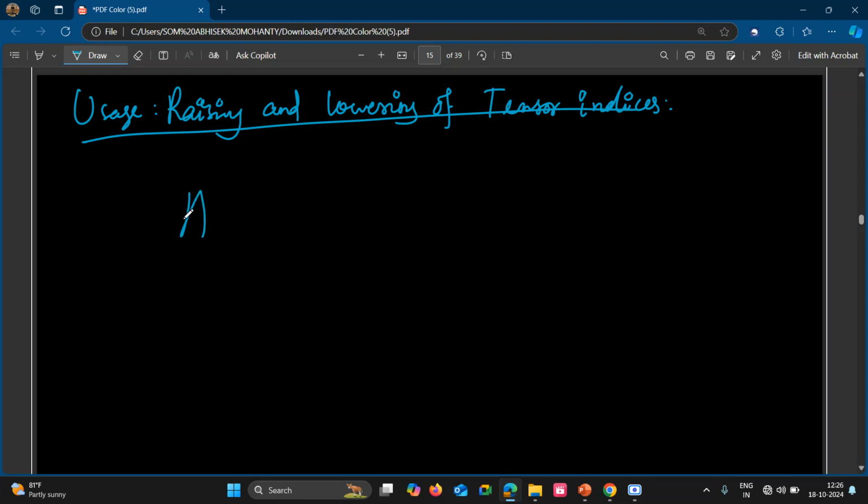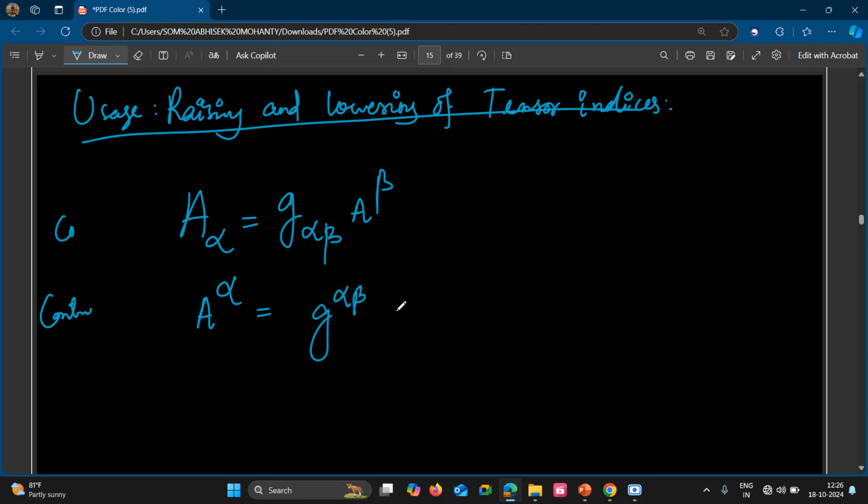For example, A alpha is equal to g alpha beta A beta. So we used the metric tensor g alpha beta and contracted A beta to get A alpha. This is for covariant. Suppose I write the contravariant A alpha, it is g alpha beta A beta. Again contraction happened, but this is for contravariant and this is for covariant.